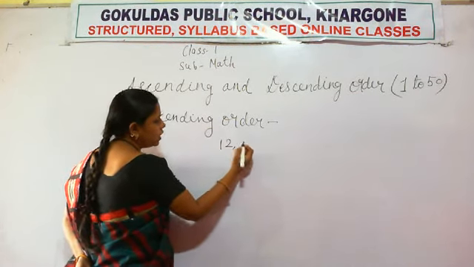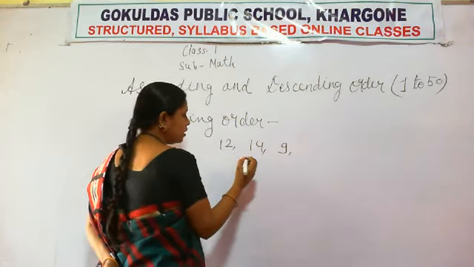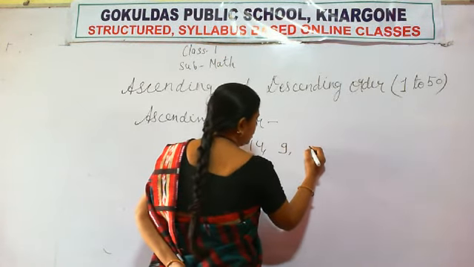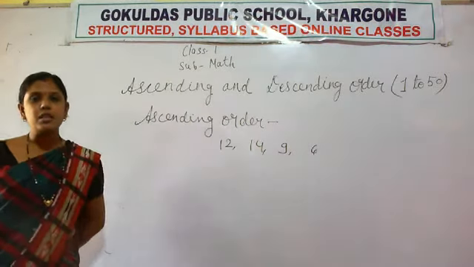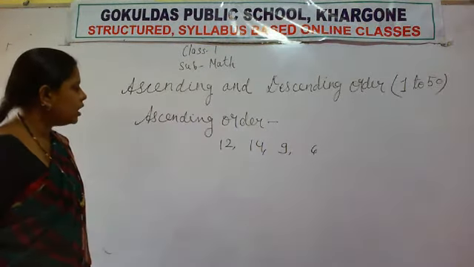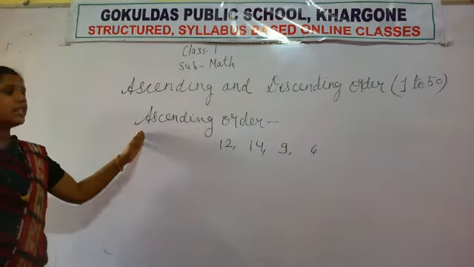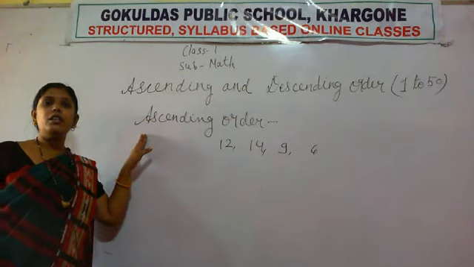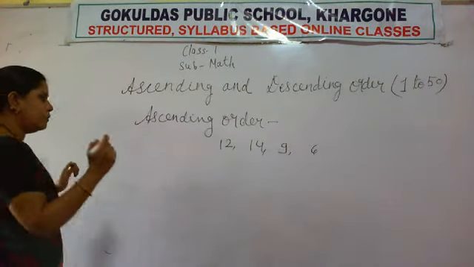I am writing here some numbers: 12, 14, 9, and 6. These are the numbers I have written here. So what is our ascending order? Ascending order is to arrange numbers from smallest to biggest.